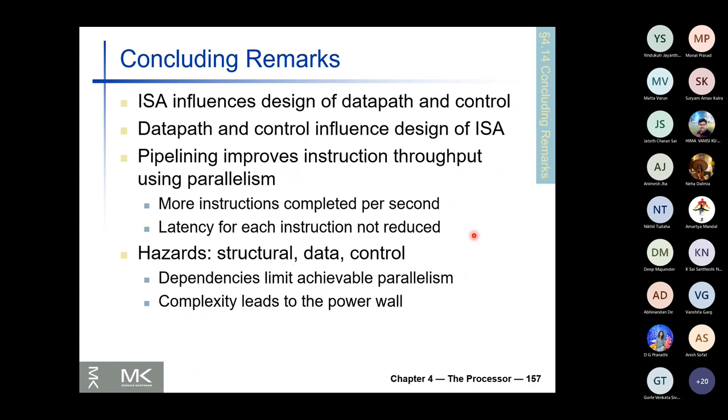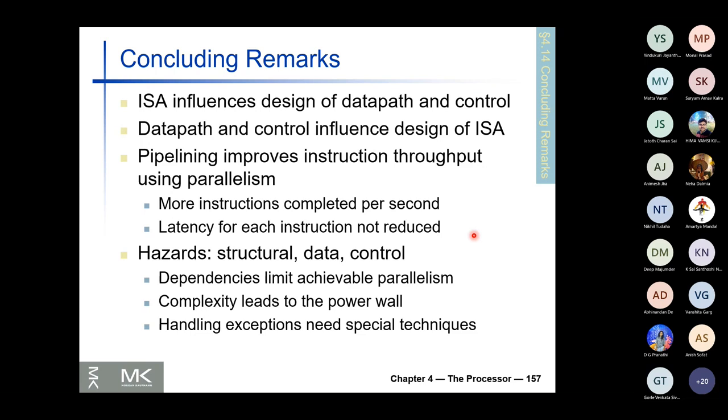That means you cannot increase all kinds of hardware complexity in a chip, because a huge amount of power will be dissipated and the chip would become very hot. So there is a restriction on the maximum power the chip can draw at any instant of time. This is called the power wall, which limits the hardware complexities.